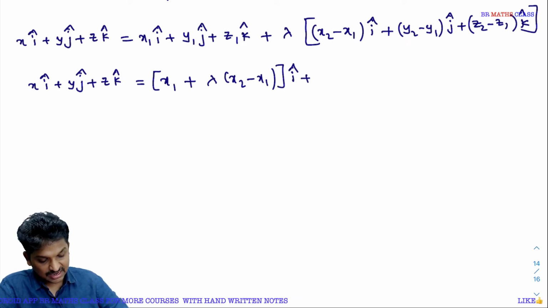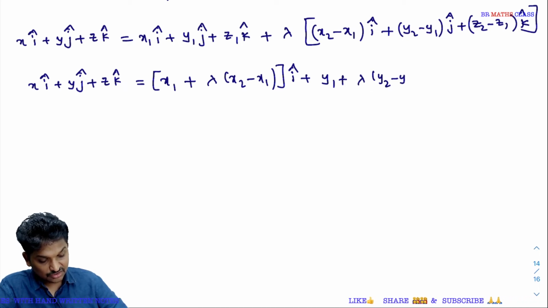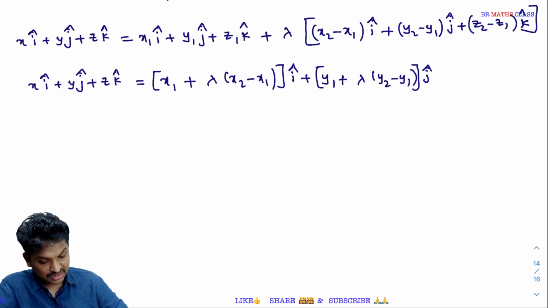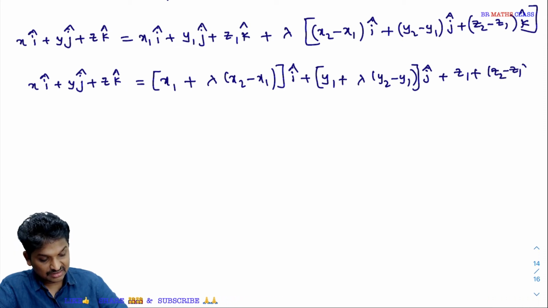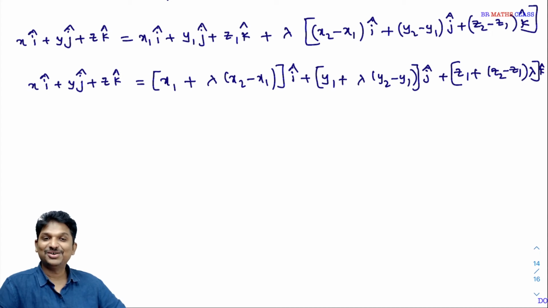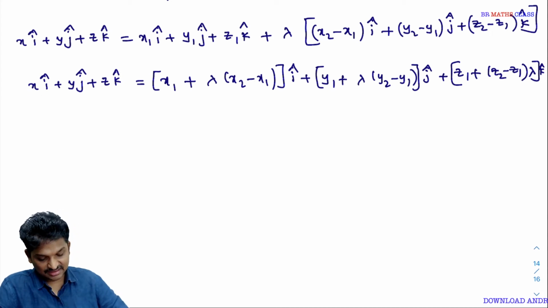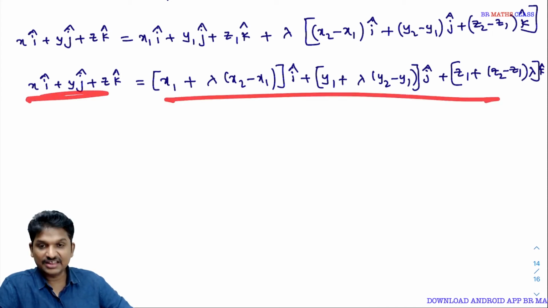Similarly y1 plus lambda times of y2 minus y1 into j cap. Plus z1 plus z2 minus z1 into lambda into k cap.